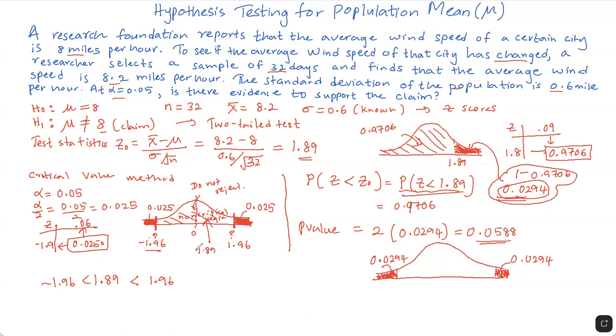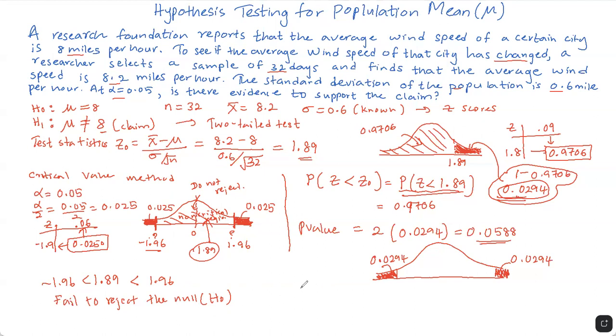So as you can see, this 1.89 falls in the non-critical region. So in that case, we fail to reject the null, which is H naught. So according to the critical value method, we fail to reject the null.